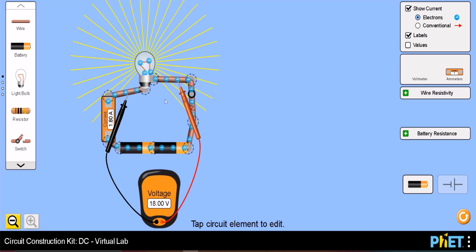So this is the difference that we observe when the bulb is connected with a single cell and when the bulb is connected with a battery. Obviously, if I put one more cell here, then the brightness will increase, the current will also increase, as well as the voltage across the bulb. Therefore, we can conclude that the bigger the voltage, the brighter the light should be.